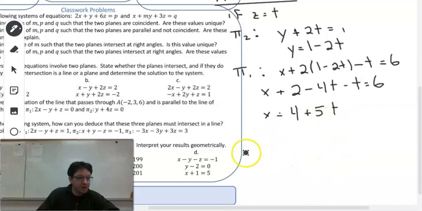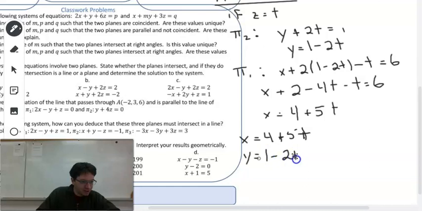Alright, so there's our parametric equations. We have x equals 4 plus 5t, and y equals 1 minus 2t, and finally z equals t.